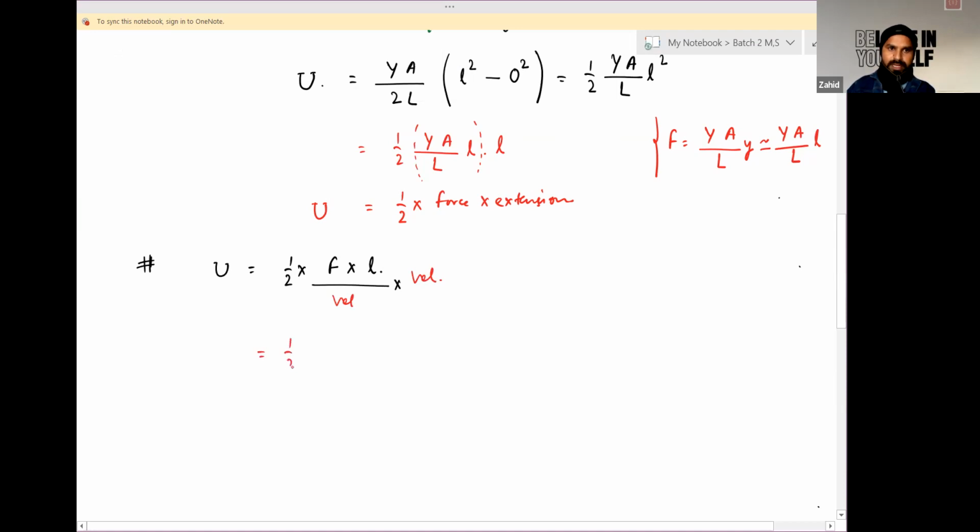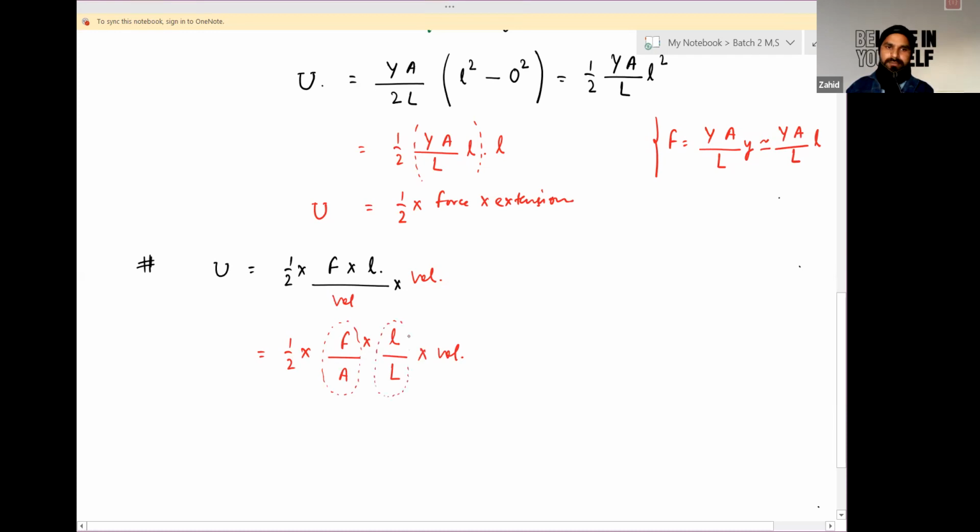It will be half force into extension, and volume is area of cross section times length. Now this term is nothing but force divided by area of cross section, which is stress.